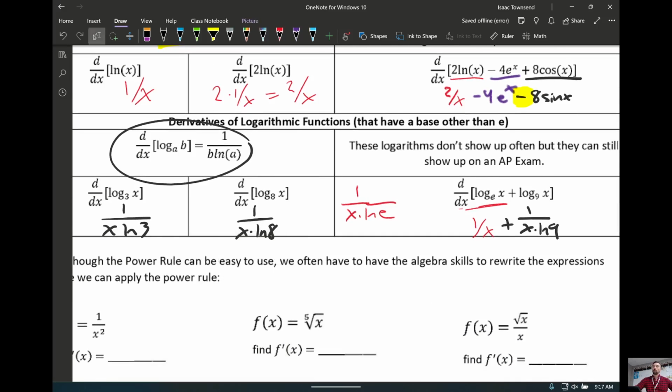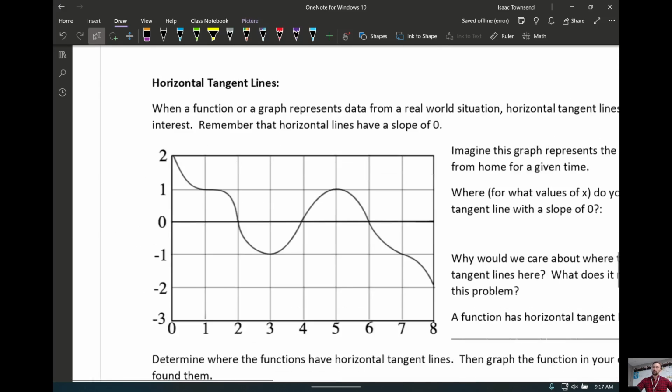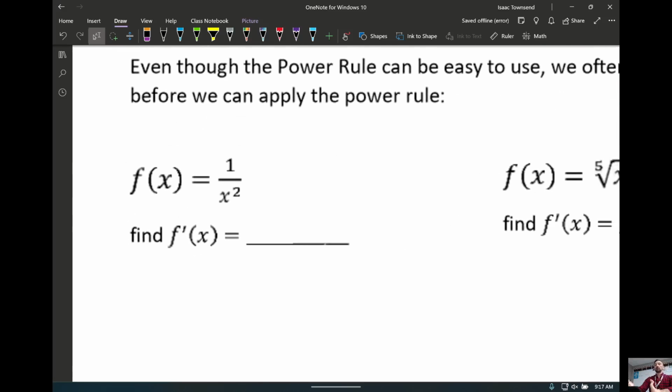Okay, so one of the biggest challenges today and a bit tomorrow is you need to understand that the power rule, as easy as it is, the questions have to be written in a certain way. So right now, this question is not set up to do the power rule. You can't just do the power rule of the numerator and denominator and then divide them. That works with limits, that doesn't work with derivatives.